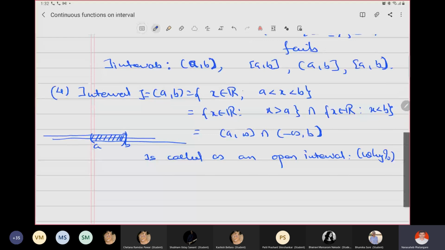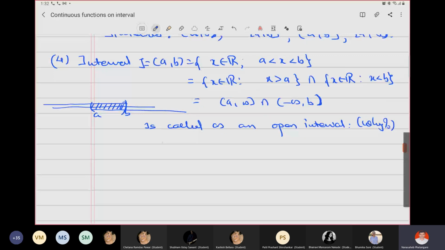And what does it mean geometrically? It is open at two ends means what? It is open at B means B is not included. What is happening due to open? For example, if I take I is equal to 0 to 1, is it an open interval?